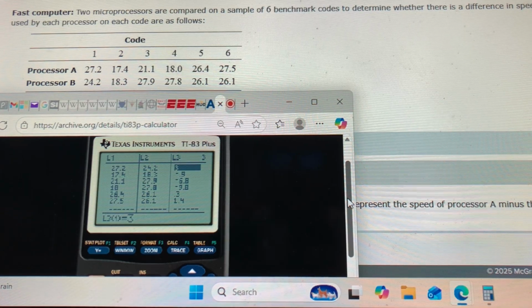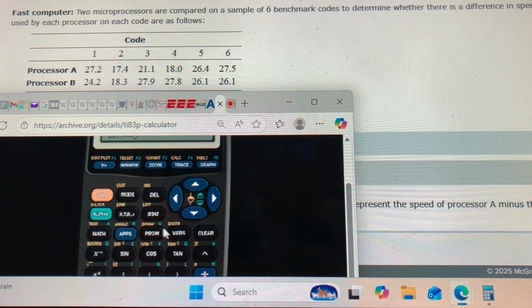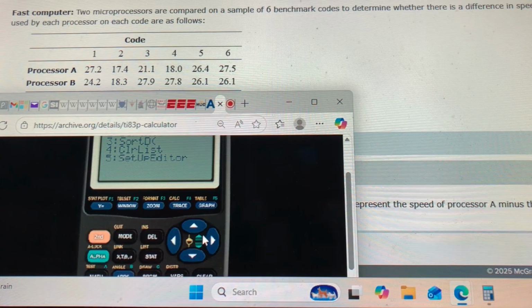When you run a before and after hypothesis test for the mean difference, you subtract L1 and L2 in L3, and then run a regular t-test as if you had a single set of data instead of 2 sets. So here we're going to run a single z interval. Stat, go over to tests.